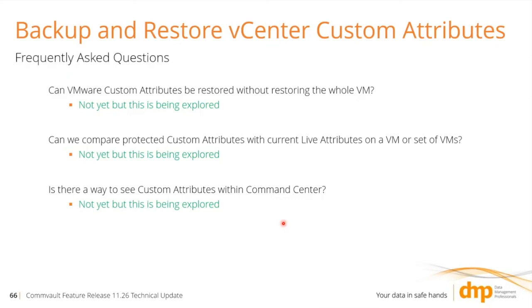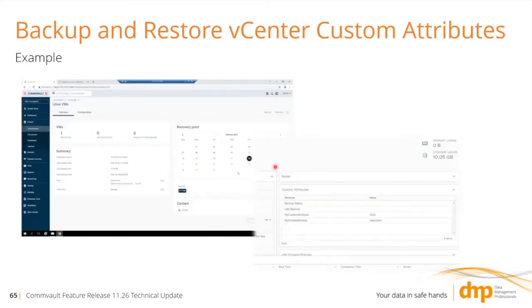You can also not do a comparison yet between the protected custom attributes of a virtual machine and the live attributes on a virtual machine. Also, that is being explored by Commvault currently. And is there a way to see custom attributes within Command Center? Not yet, except for the picture I just showed you here on the VM backup, but not the live ones.